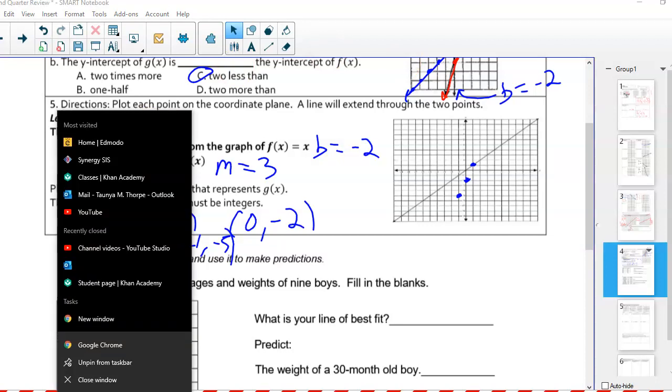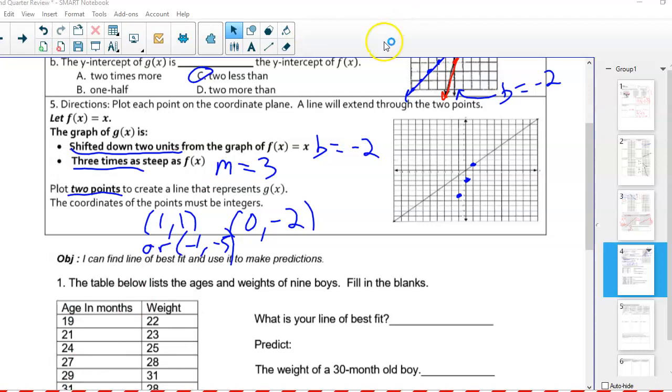Alright, do we want to do example 1 or example 2 together? Example 2, okay. Alright, so I'm going to do this simultaneously in Desmos and in your calculator. So those of you on your iPad, you would go into Desmos.